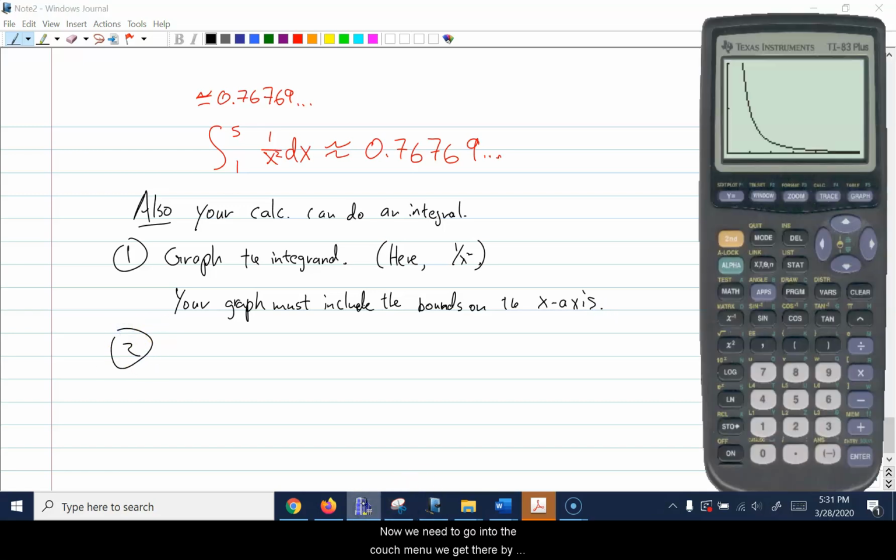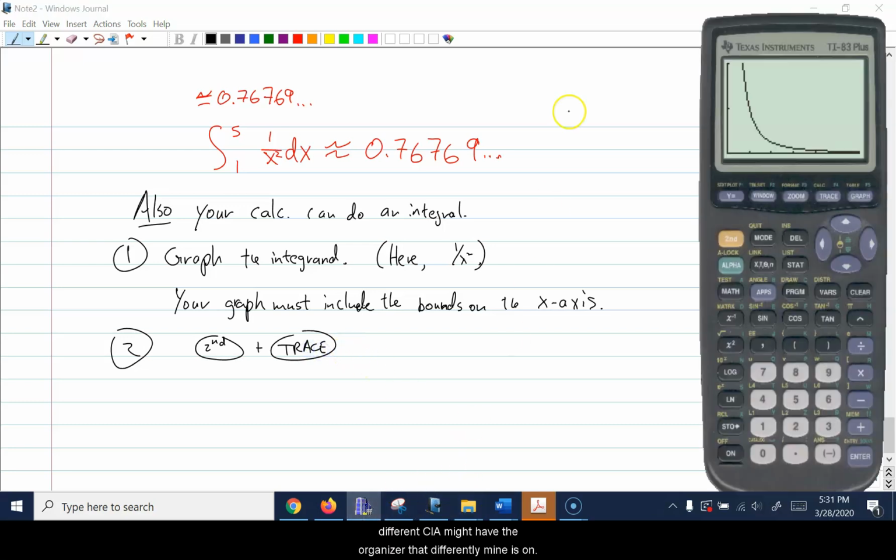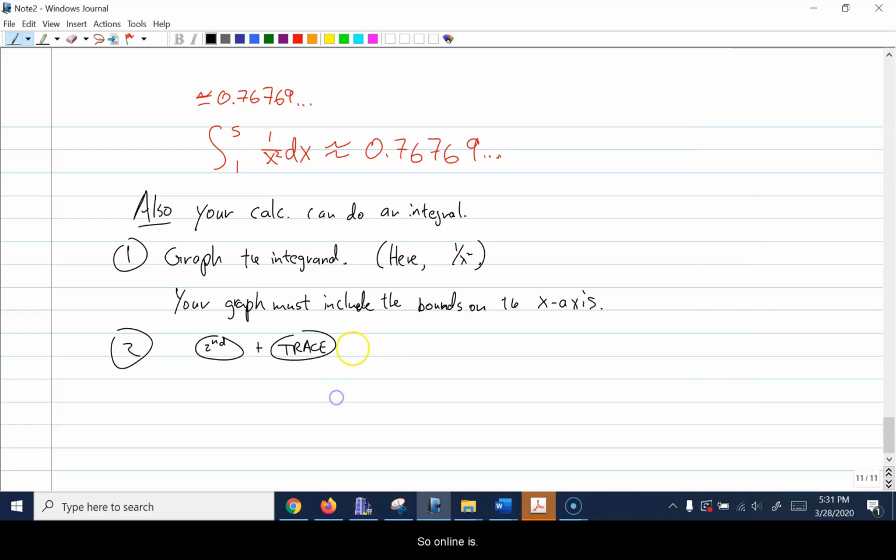Now we need to go into the calc menu. We get there by hitting second and then trace, at least on my calculator. If you have a different TI, it might be organized differently. Hey, by the way, you can compute derivatives in here. That's not nearly as valuable as it is for integrals, but the seventh thing down is the integral of a function. On mine, 7 is the integral f of x dx.